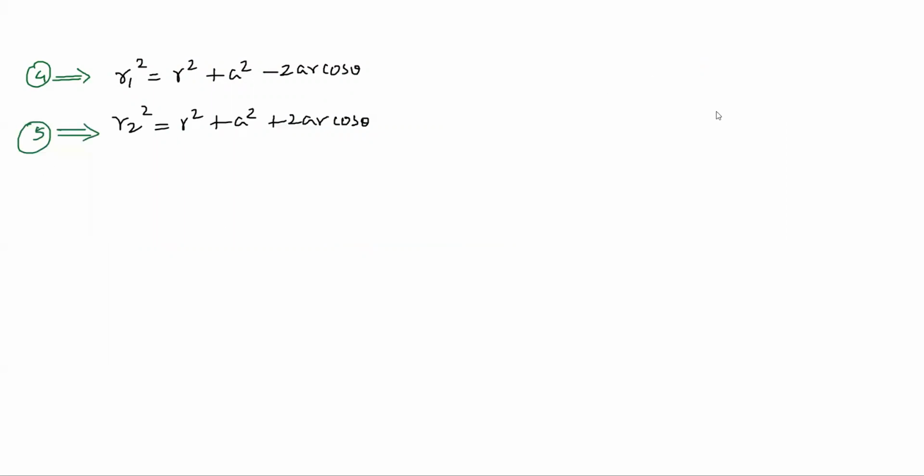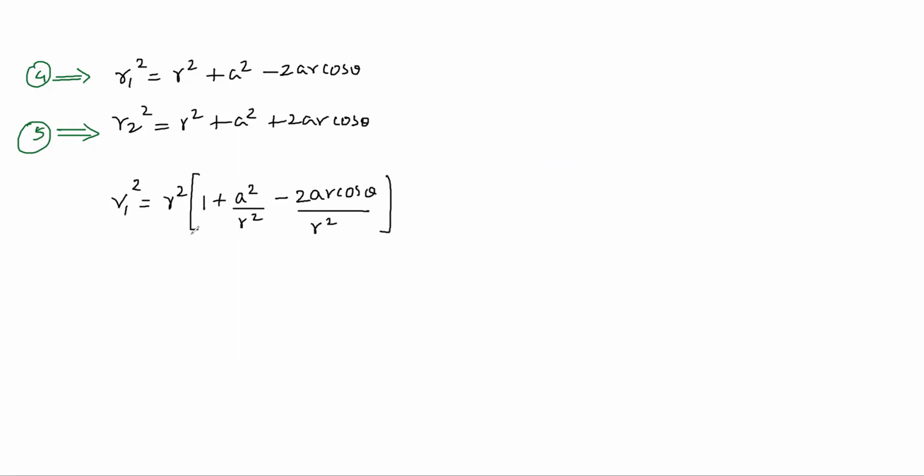Now what we are going to do is an approximation. So you can write R1 square equal to, you can take R square common. So what we get is 1 plus A square by R square minus 2AR cos theta divided by R square.